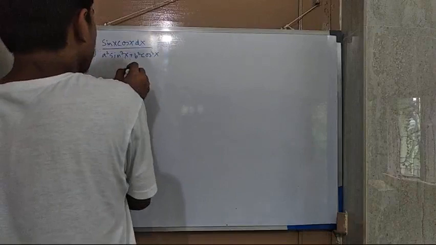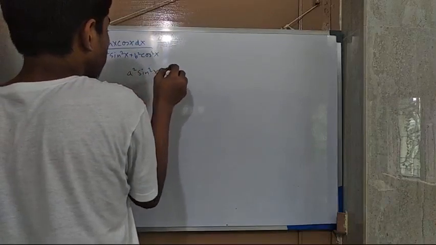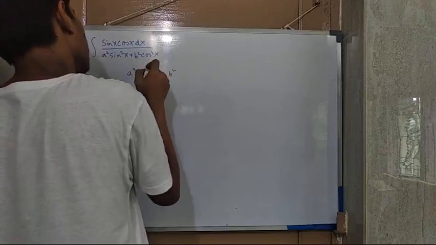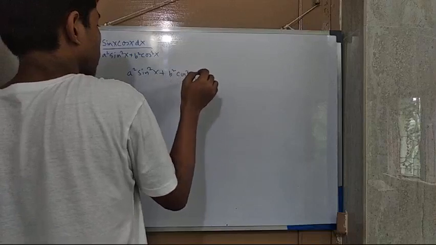So for this question, let's suppose a square sin square x plus b square cos square x as z.